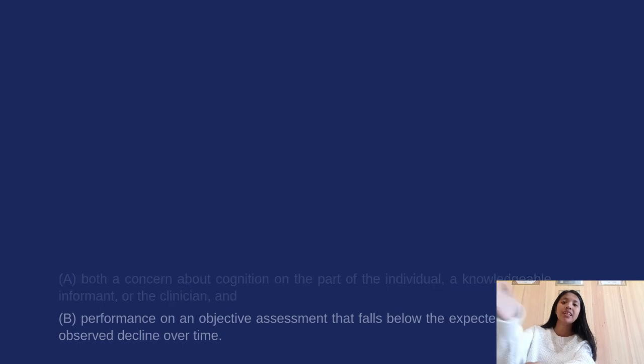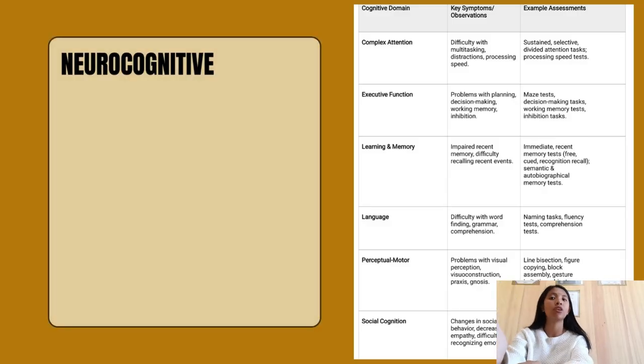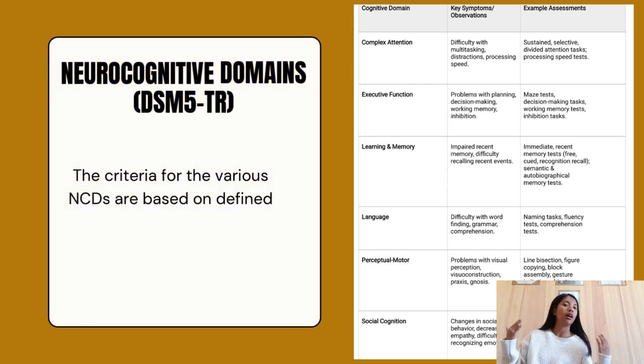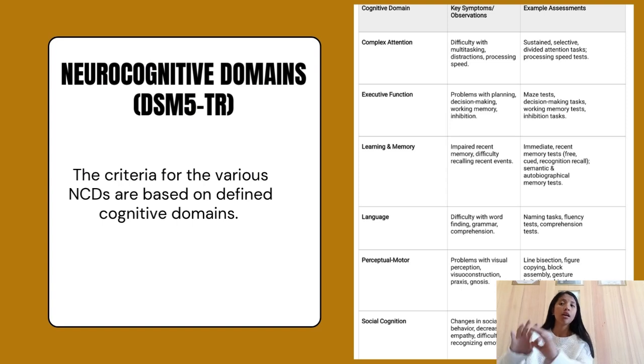So that leads us to our next slide, which is what we call the neurocognitive domains. Before we tackle the diagnostic criteria, it is very important for us to take note that the criteria for the various neurocognitive disorders are based on the cognitive domains. So nakabase po siya sa mga cognitive domains yung mga diagnostic criteria na makikita natin as we follow along.